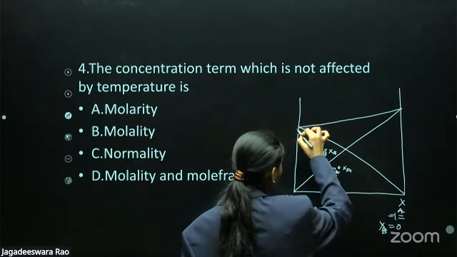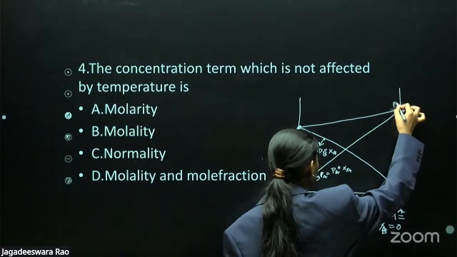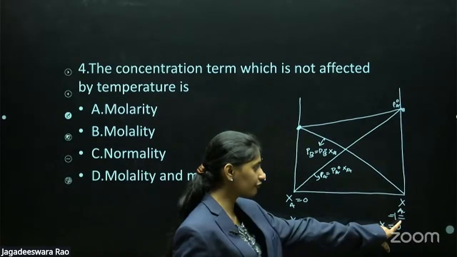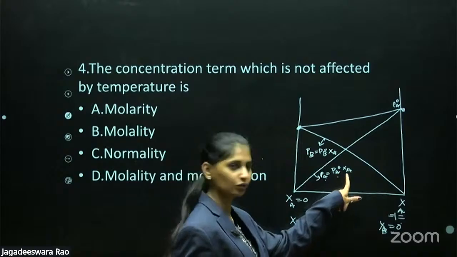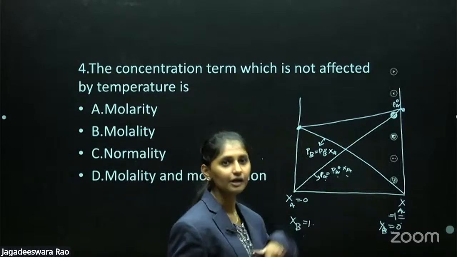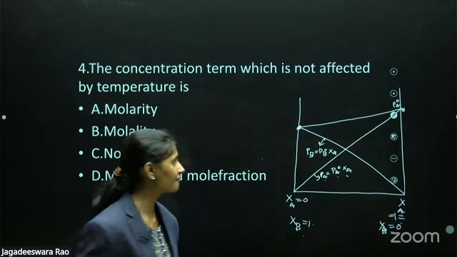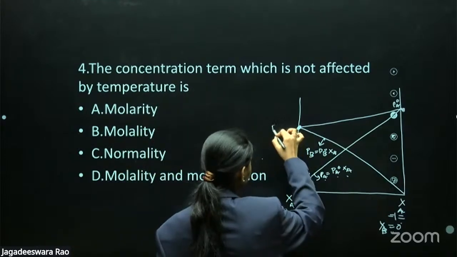Now when you join both of the points, this gives you the value of PA naught because the mole fraction is 1. When the mole fraction is 1, if you substitute 1 here, PA becomes PA naught. Will you agree? Same way, here also you can consider that is PB naught.